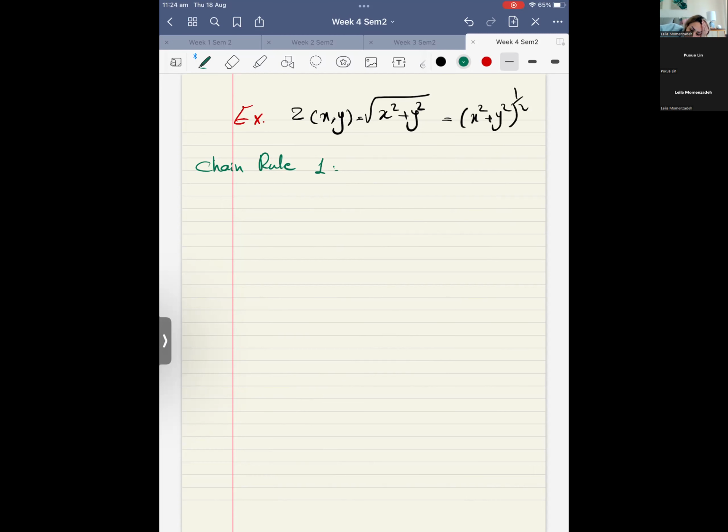I can write ∂z/∂x equals ∂/∂x of (x² + y²)^(1/2).